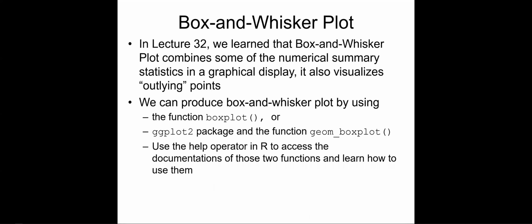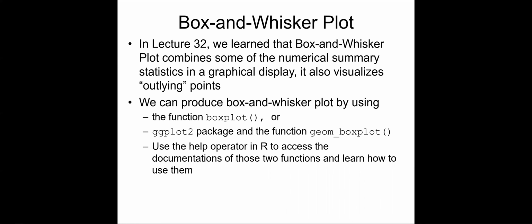All right. So box and whisker plots. In lecture 32, you learned about box and whisker plots that give you information about the median of the data, outliers of the data, right? You have a box with lines, so it's called the box and whisker plot.